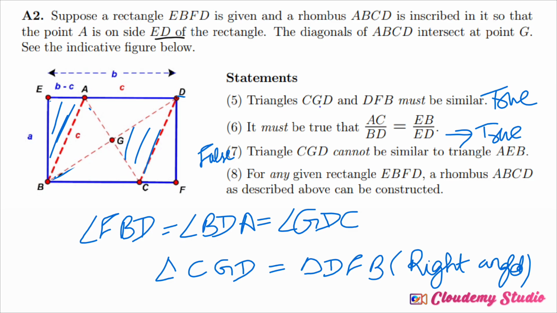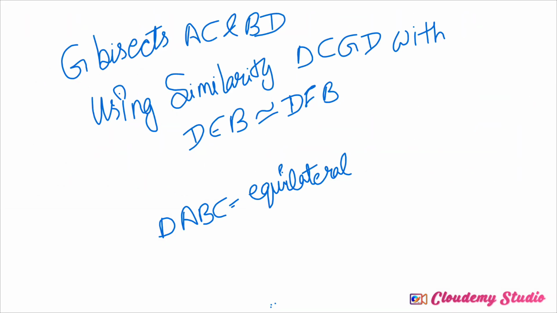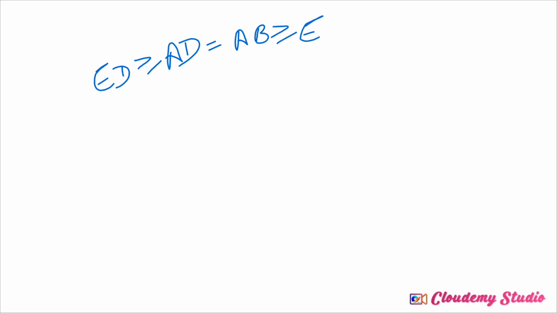Now: for any given triangle EBFD, a rhombus ABCD as described above can be constructed. In this case ED is greater than or equal to this, and AB is this.